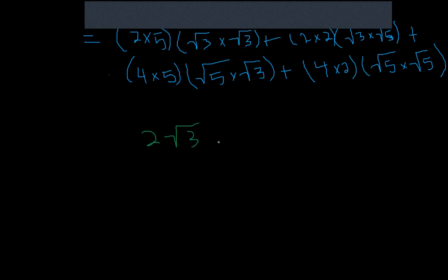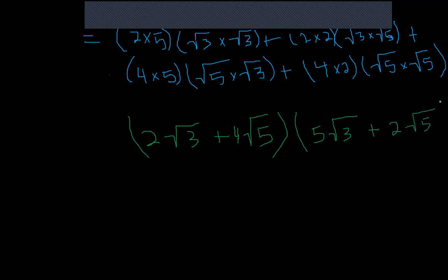Okay, let me just write out the whole numerator. It was 2 root 3 plus 4 root 5, multiplied by the conjugate, which was 5 root 3 plus 2 root 5. So you know what the distributive law is?